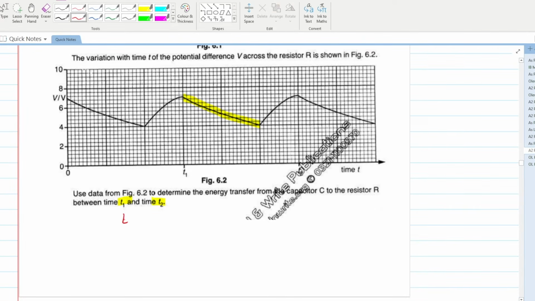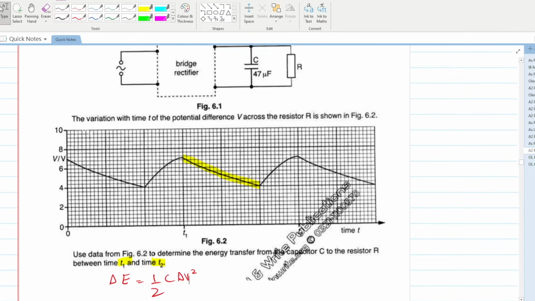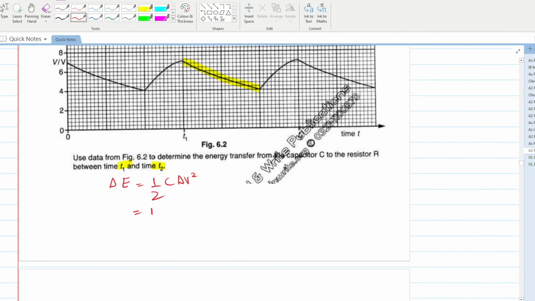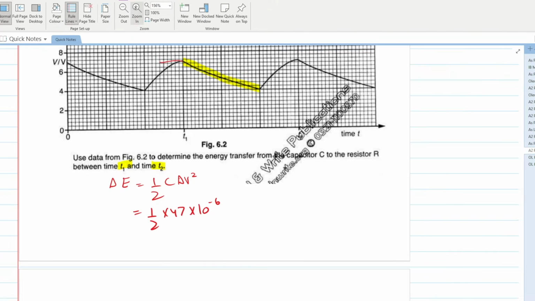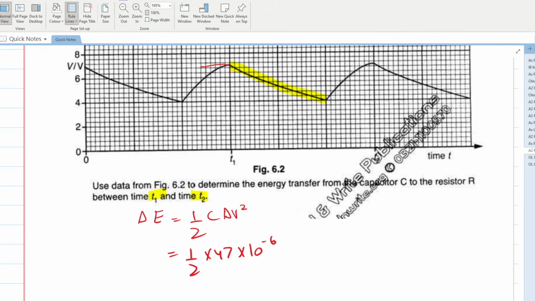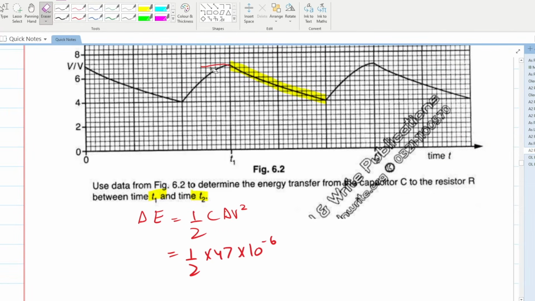वेरी इजी. चेंज इन एनर्जी इज इक्वल्स टू 1/2 c इंटू चेंज इन वोल्टेज का स्क्वायर. बेटा आपको कैपेसिटेंस की वैल्यू पता है? यस 47. सो 1/2 into 47 10 raised to the power of minus 6. change in voltage क्या होगा? This value, let's say this initial value is what? Let me zoom in a bit. ये exact middle में है ना, तो let's respect that middle value.